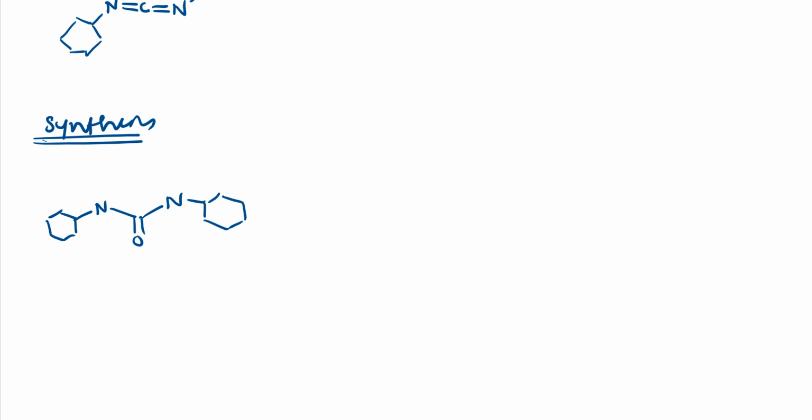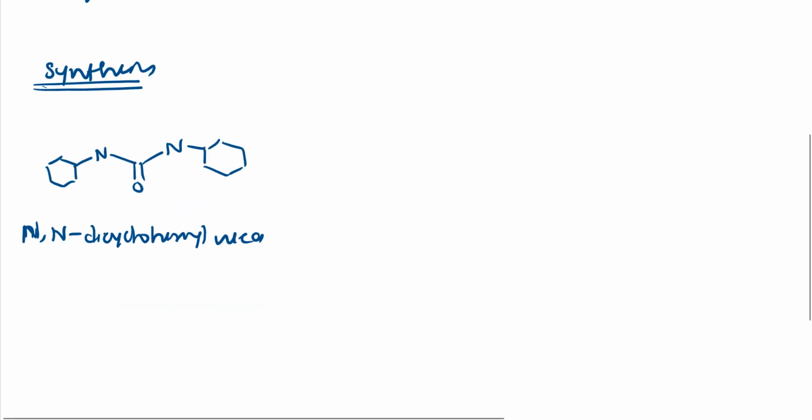The name of this is N,N'-dicyclohexyl urea. Di stands for 2, cyclohexyl means a cyclic ring containing 6 carbons. Urea I hope you know. What is the structure of urea? NH2 CO NH2. So this is urea.